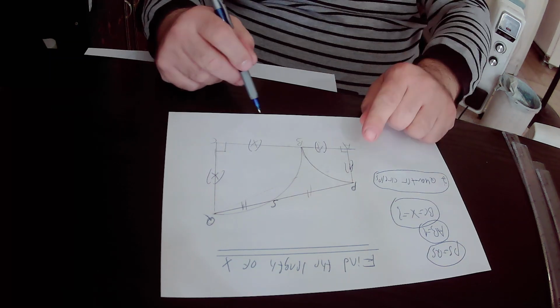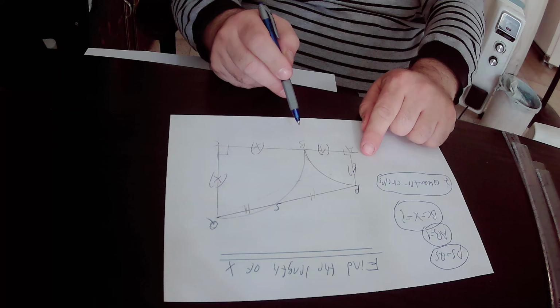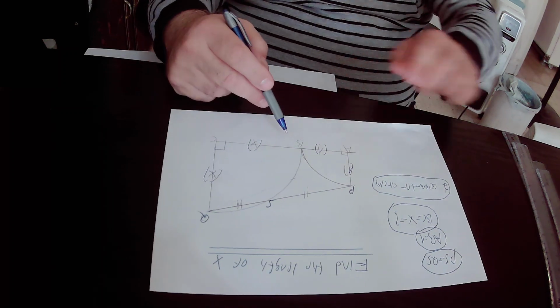In the next step, we will join points P and B together by a straight line, and points Q and B together by a straight line.